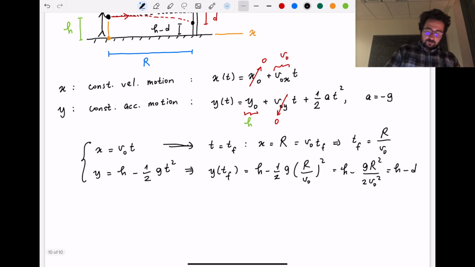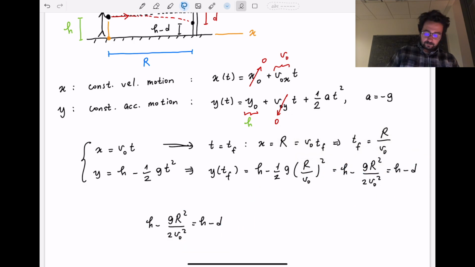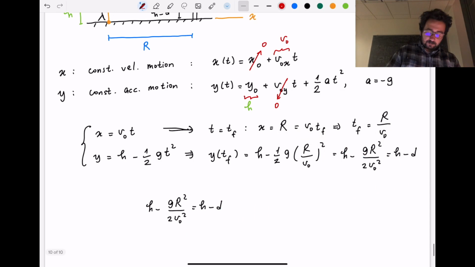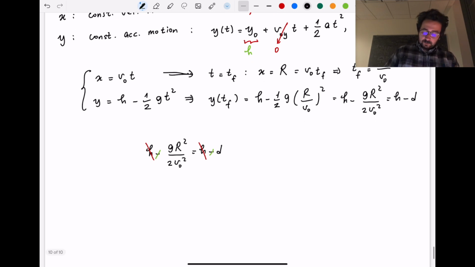Okay, now let us focus on this last equality. We have some nice cancellation between these h terms, and then we can cancel out the signs. So we have g r squared over 2 v0 squared equal to d.